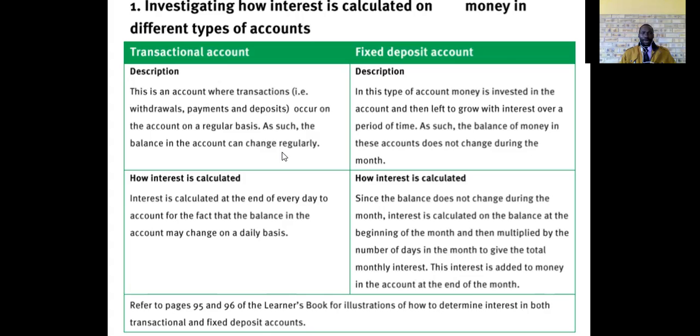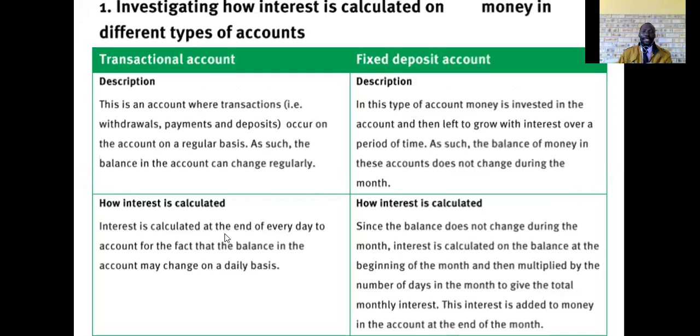This type of account means the balance will also change regularly. Now, how do we talk about the interest in this case? The interest here is calculated at the end of every day, to account for the fact that the balance may change on a daily basis.